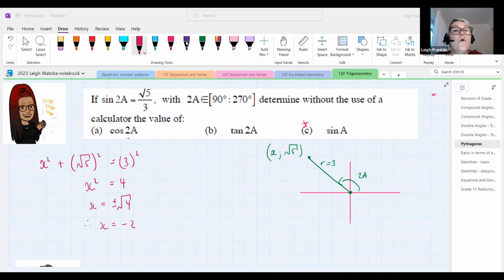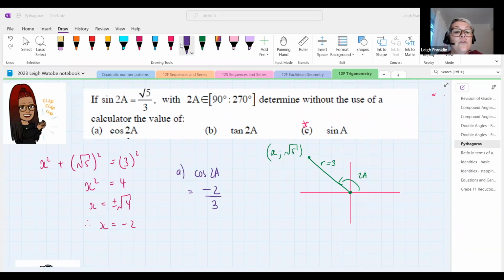Good. All right, so just very quickly, question A. Cos 2a, your angle is 2a, you're working with 2a here. So cos 2a is going to be -2 over 3. Okay, remember your angle is 2a.